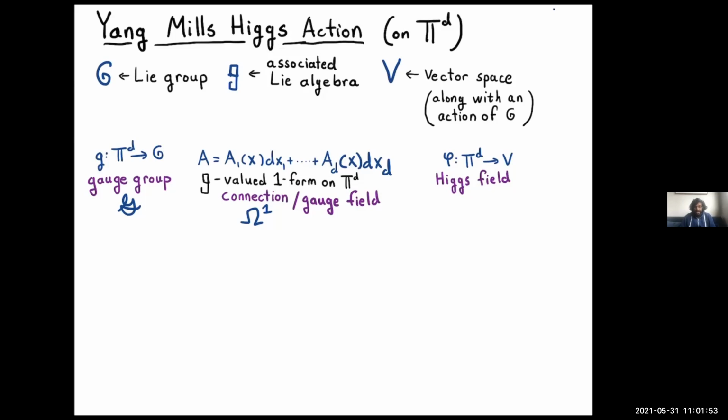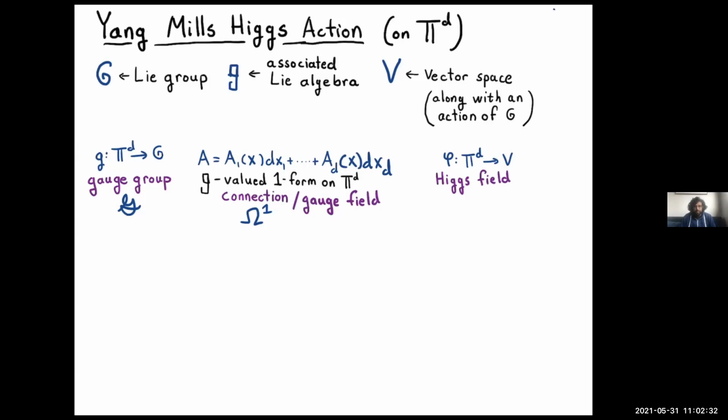And then you have a vector space V, which I'm suppressing from the notation, but you should also have a representation or an action of your Lie group on V. Each of these objects is going to give rise to a character who's going to appear in our story. I'm just going to talk about Yang-Mills-Higgs or Yang-Mills in finite volume on a torus, in particular on a trivial bundle.